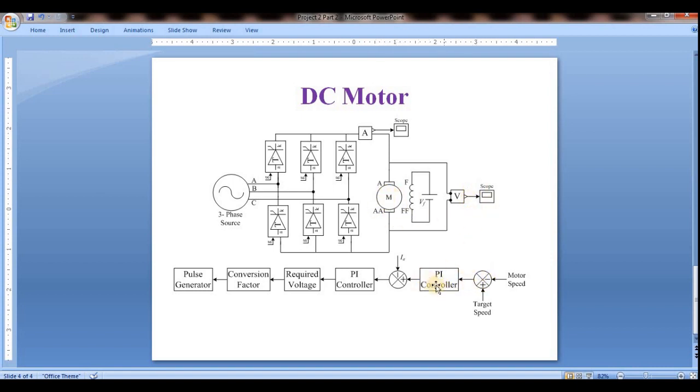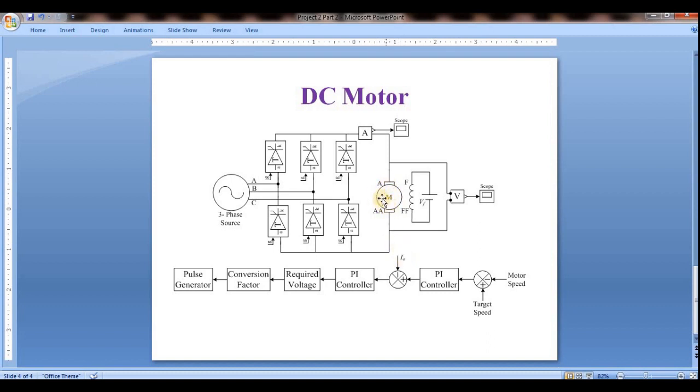Then the PI controller converts this error to my required current, because the torque depends on armature current. So again I am comparing my required current with the armature current.